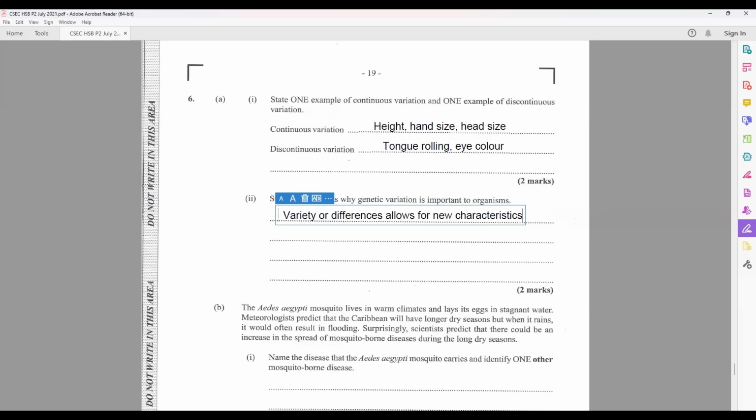That's one of the reasons it's important to organisms. Also, what if everyone was identical? Then if one organism gets a disease, wouldn't all the others get it as well? But if you are genetically different, then it means the species does not die out from one disaster event. All right? So having differences is valuable.